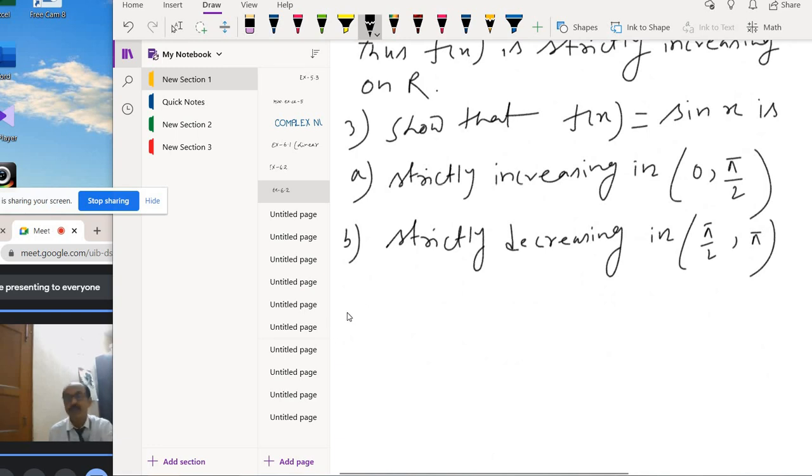And C, neither increasing nor decreasing.